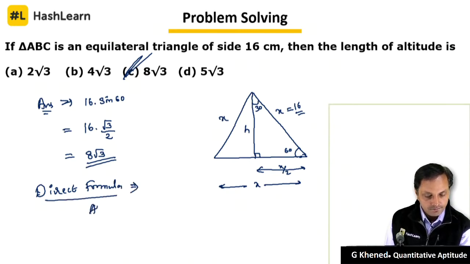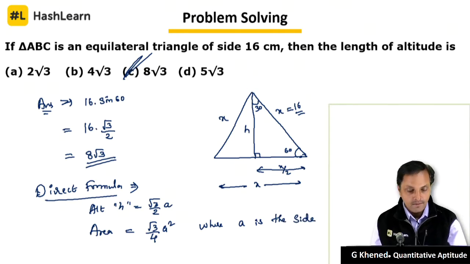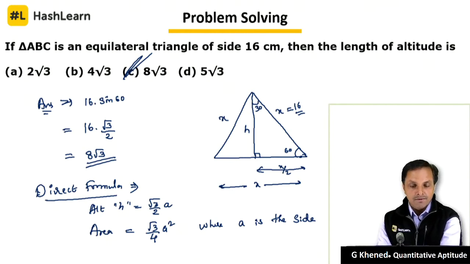Altitude, which we denote by h, is root 3 by 2 times a. Area is root 3 by 4 into a square, where a is the side of an equilateral triangle. You can either use the direct formula or use the concept of vertical component.